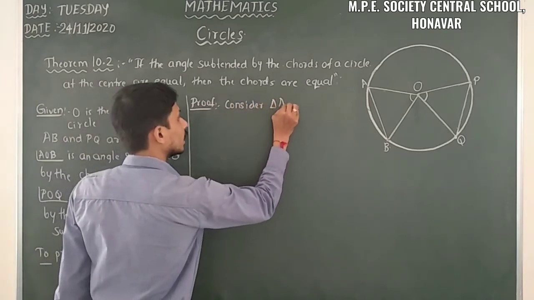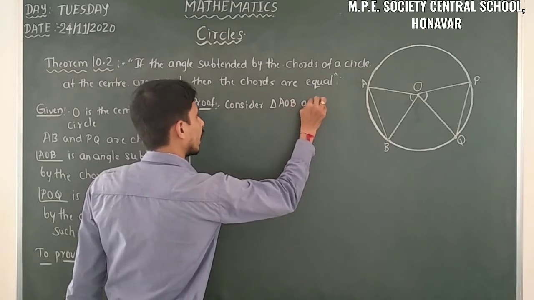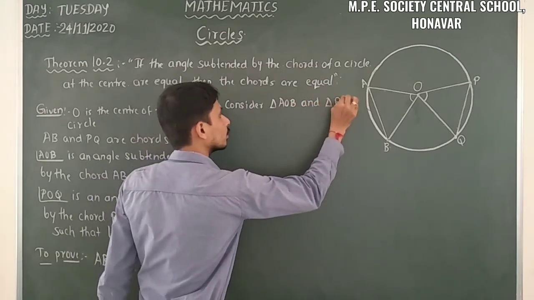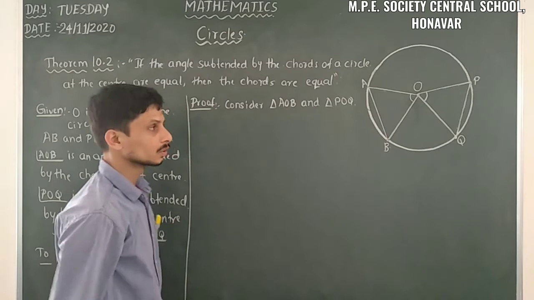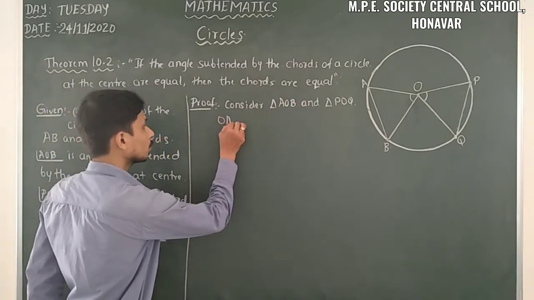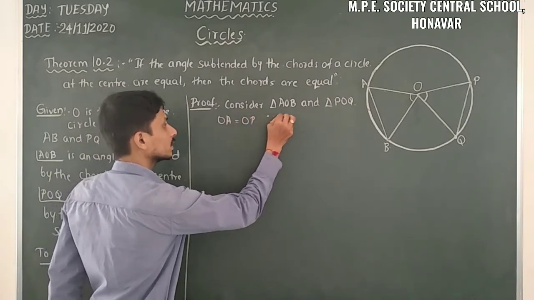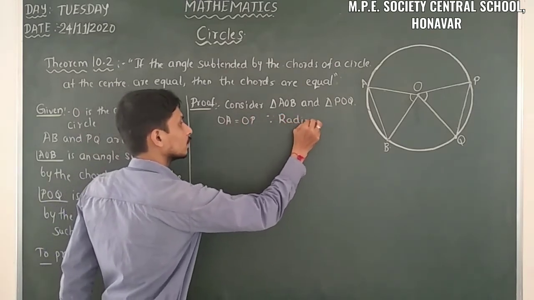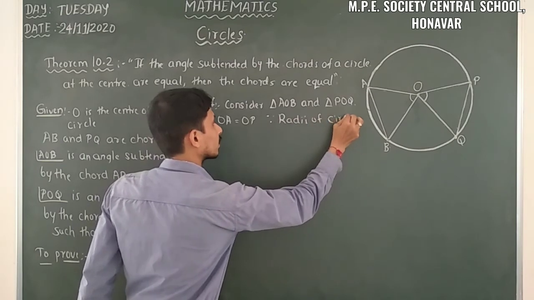Consider triangle AOB and triangle POQ. What are the equalities we have? OA is equal to OP because they are radii of the circle.